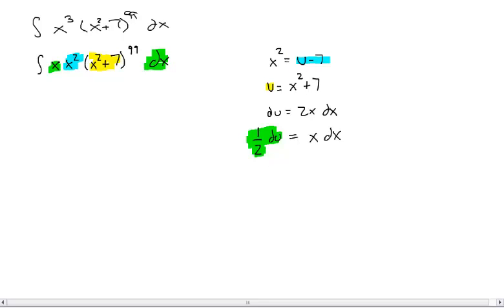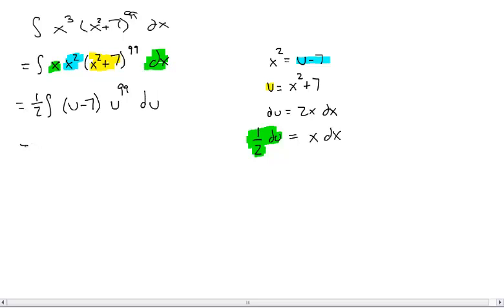So now we can rewrite this in terms of u. And we have our x dx is equal to 1/2 du. I'm going to put my constant out front. x squared is equal to u minus 7. And x squared plus 7 is equal to u. So we have u to the 99. And now du.